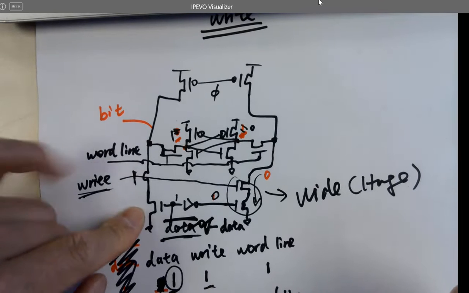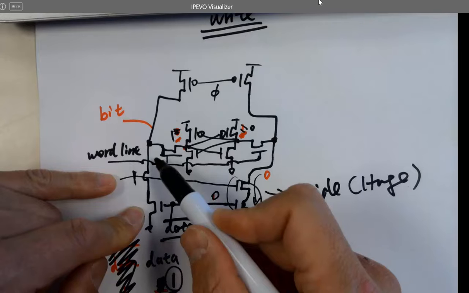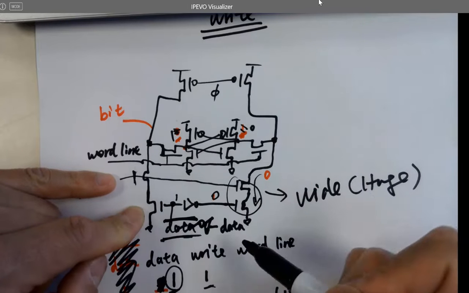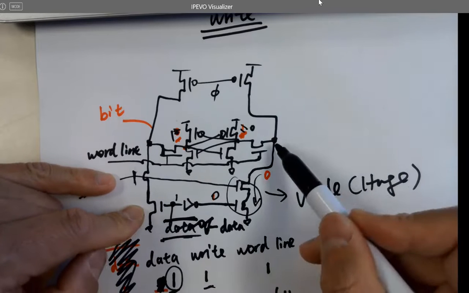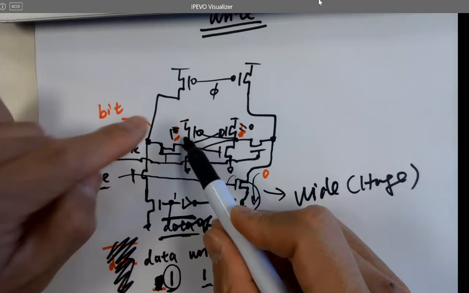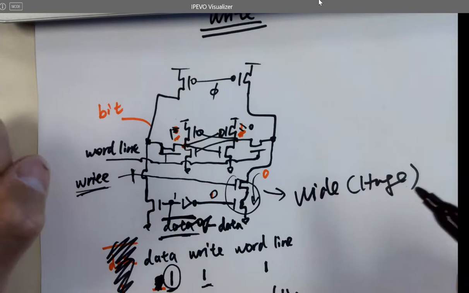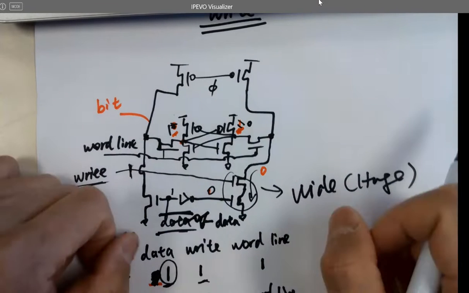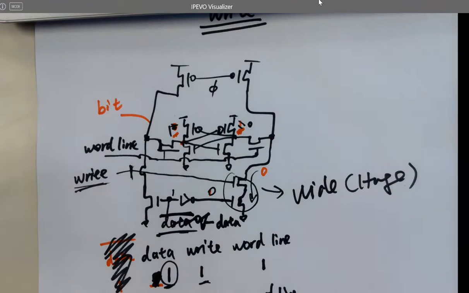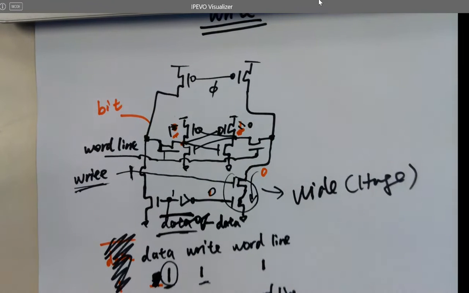This will be on, then it's going to pull this down to 0, so it'll become 0. Because it's the latch, whenever this one is flipped, this will flip as well. Like on, off like that, right? Okay. Make sense?